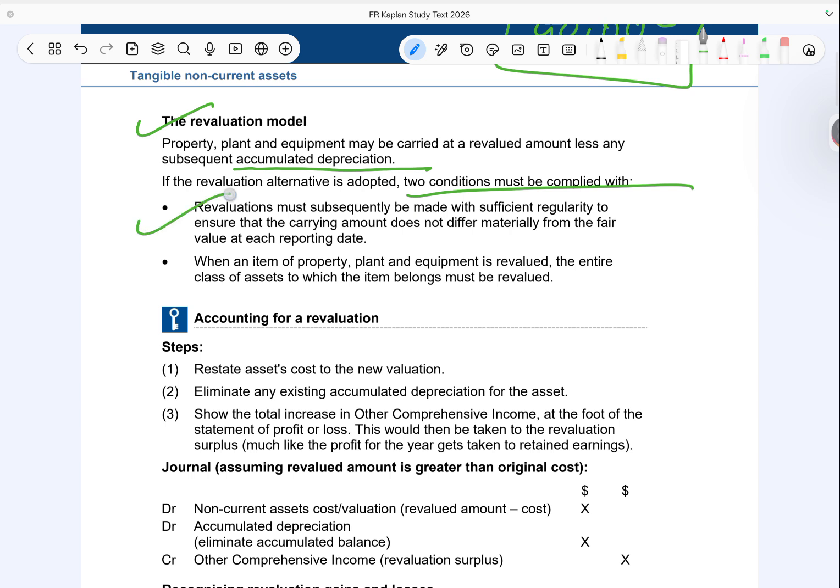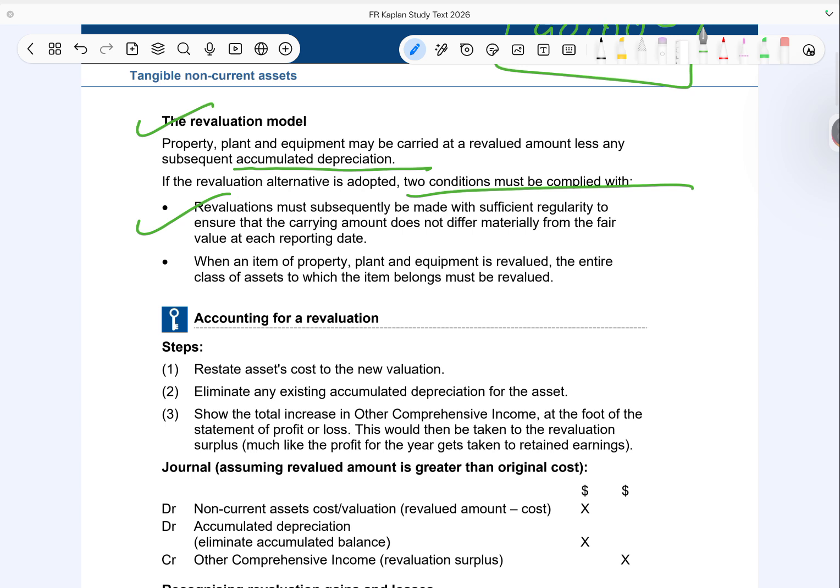If we are revaluing our assets, it should be done at regular intervals. Like maybe you revalued your property in December, and the fair value of the property was 50,000. Maybe in June, July, the market boosted up or something happened, maybe a new project came near your building, and it boosted the market value of the property to maybe 1 lakh, almost double.